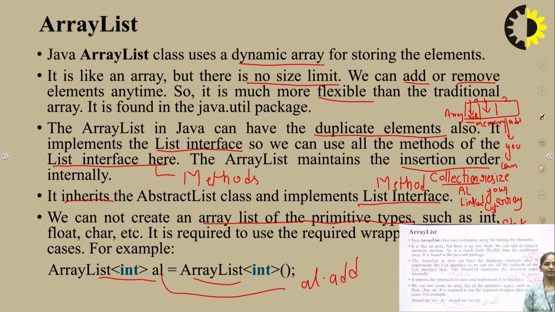But now this array list will consist of homogeneous and heterogeneous elements, as well as the flexibility of a dynamic array size, and we can store duplicate elements also. It implements the list interface, so we can use all the methods of the list interface here. The things which we have discussed here can be discussed with the help of an example also.